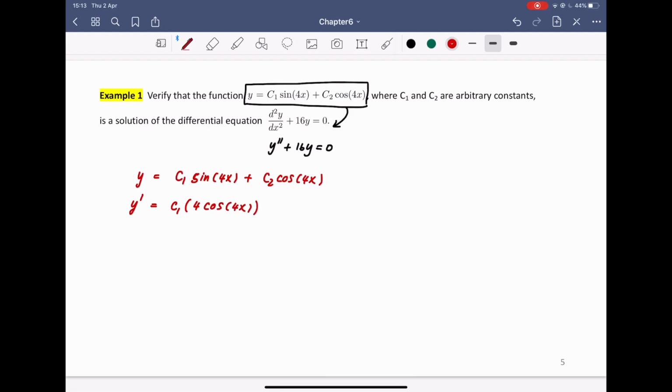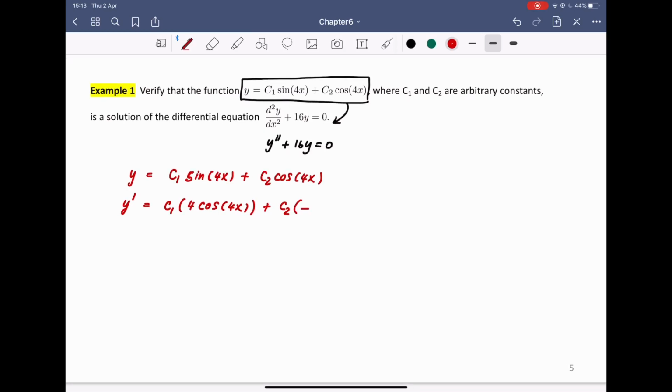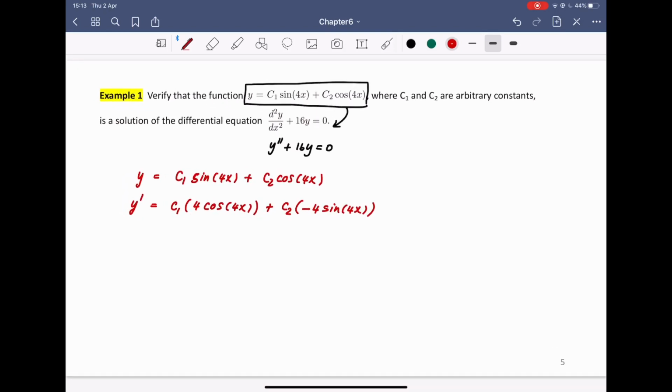And then plus c2, differentiate cosine 4x, I get negative 4 sine 4x. Right? And then after that, I differentiate this another time. Okay, let's simplify first. So you get 4c1 times cosine 4x minus 4c2 times sine 4x.